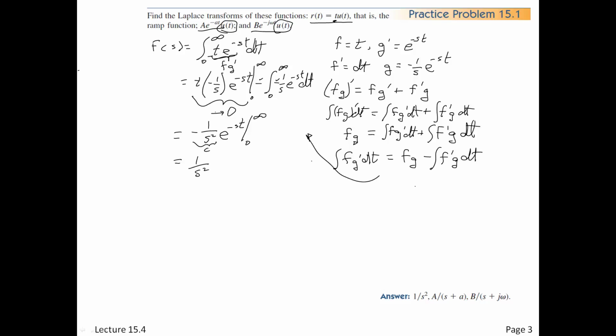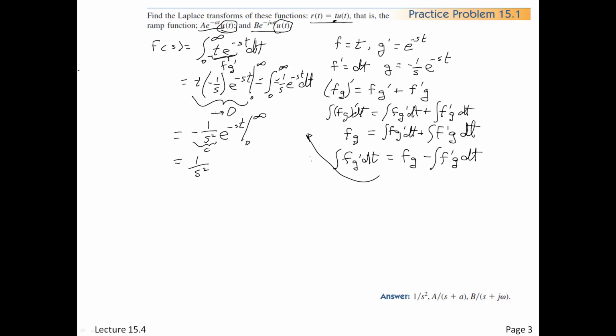This is recalling old stuff, probably from Calculus 2 or somewhere along the line. I've forgotten where it was. But these are going to be the basic ideas if you're going to be deriving all of these particular Laplace transforms. You will quickly become familiar with tables of transforms.